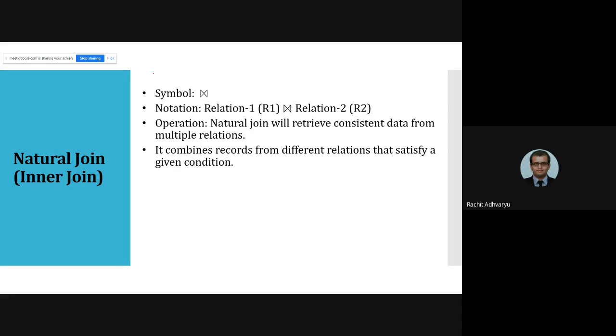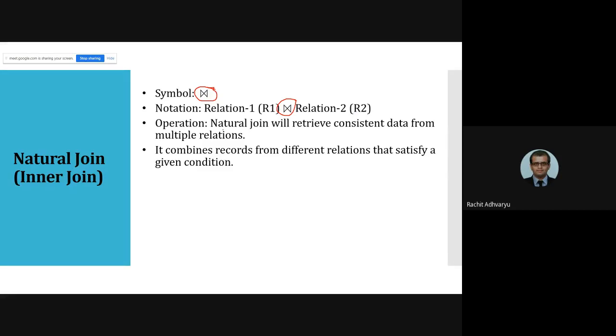So let us see the definition, what it is actually saying. The symbol is this. You need to remember it because such queries are asked in GTU, where you need to show the symbol. So the notation will be relation 1, R1, joined with relation 2, R2. So what is its actual task?